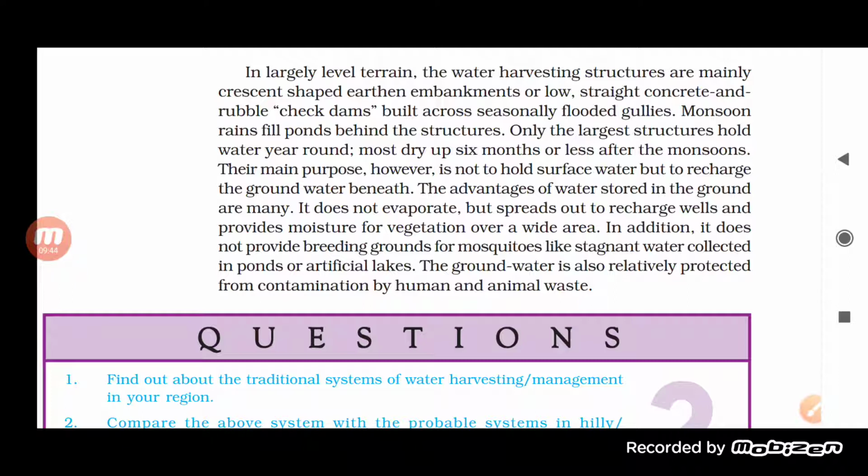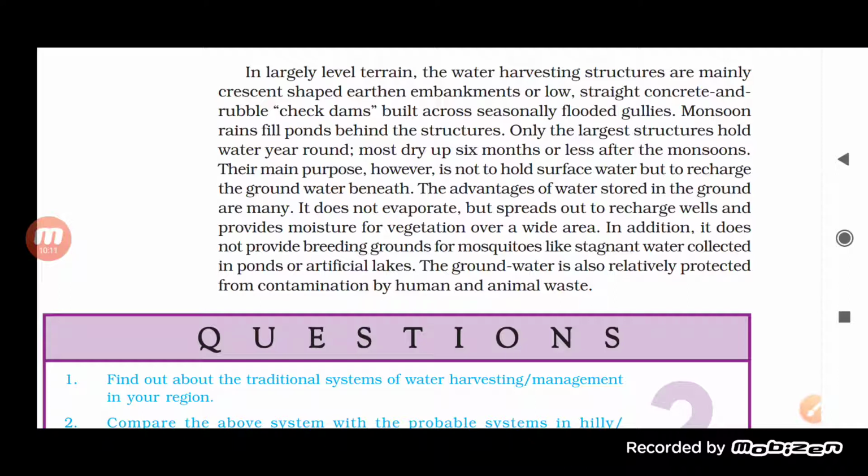Monsoon rains fill the pond behind the structure, and only the largest structures hold the water year around. Most dry up six months or less after the monsoon. The main purpose, however, is not to hold surface water but to recharge groundwater beneath.